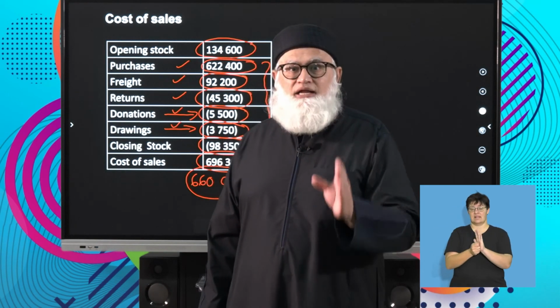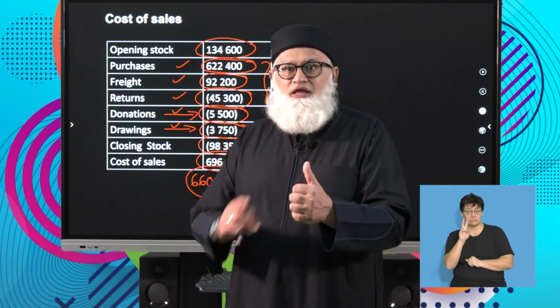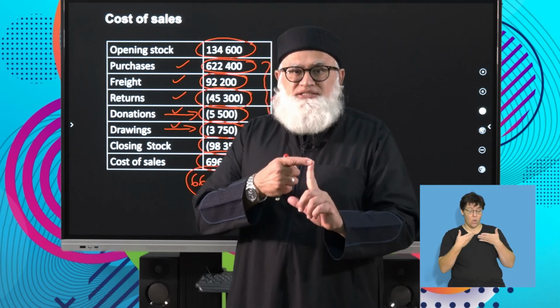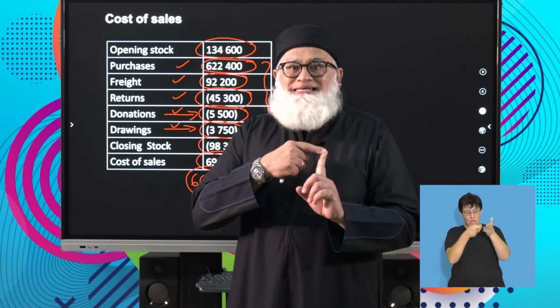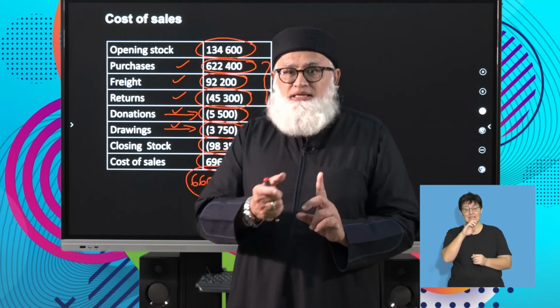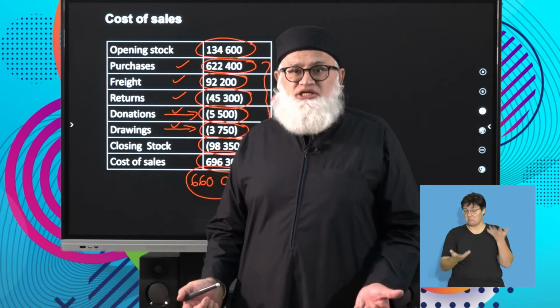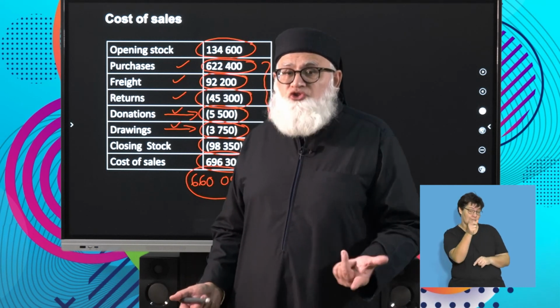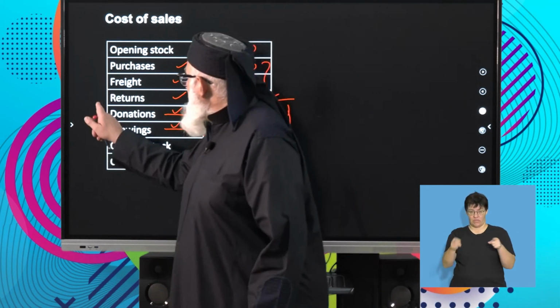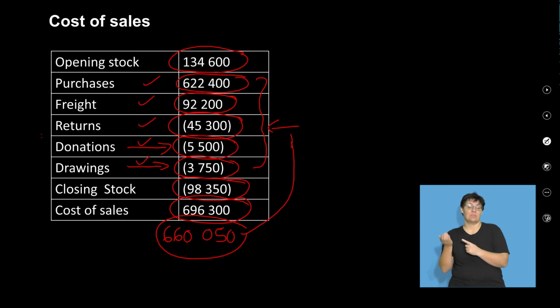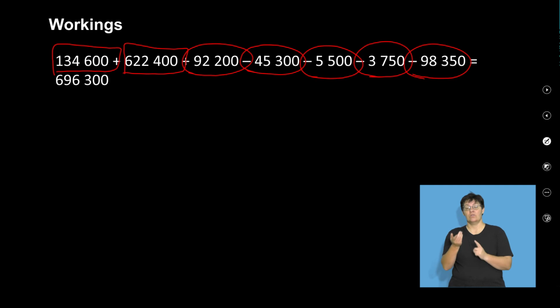Now watch this calculation, guys. Important. Opening stock, purchases, or net purchases, depending on whatever the question is asking you to calculate. I've shown you both the calculations, and I've also shown you the permutation in terms of the calculation here.